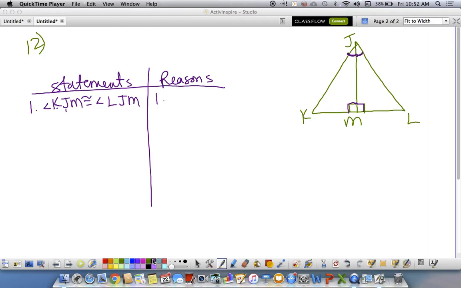It's good. What else was given to us? Angle LMJ is congruent, which technically they didn't tell us they were congruent. What did they tell us? They're right angles. So angle LMJ and angle KMJ are right angles.